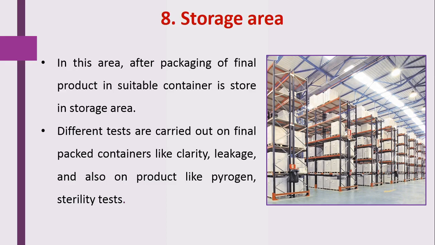After that, the sterilization area. Next, the quarantine area. After the quarantine area, the packaging area is necessary. After packaging, the product is stored in the storage area. So these areas are required for sterile manufacturing.